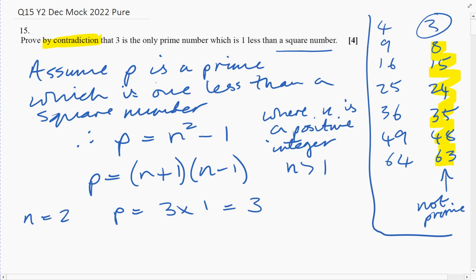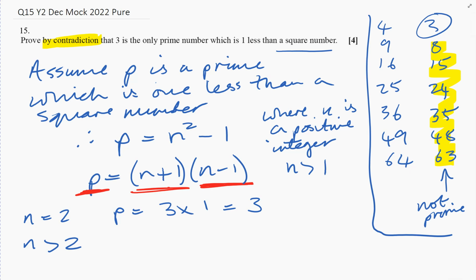But when n is greater than 2, this value here, this prime, is going to be an integer times another integer, and both of those integers are going to be greater than 1. So therefore P can't possibly be a prime number, and that will be a contradiction.